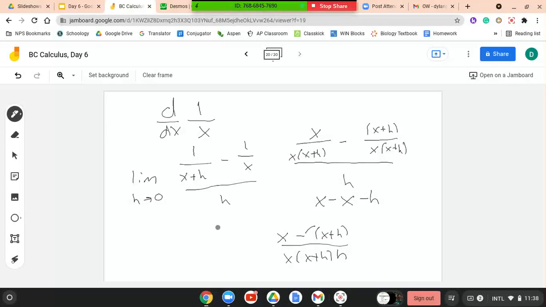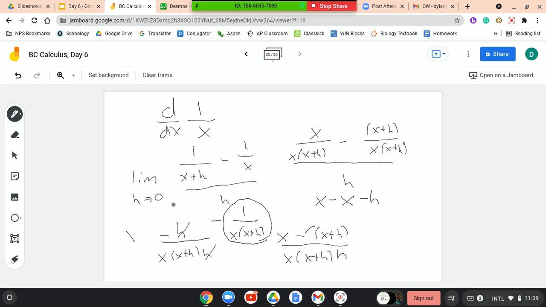Yep. You distribute the negative. So x minus x is 0, and we get negative h over x times x plus h, times h, right? We have an h up here and an h down here, so they cancel. So then we get negative 1 over x times x plus h, right? Good with that? I'm good with that.